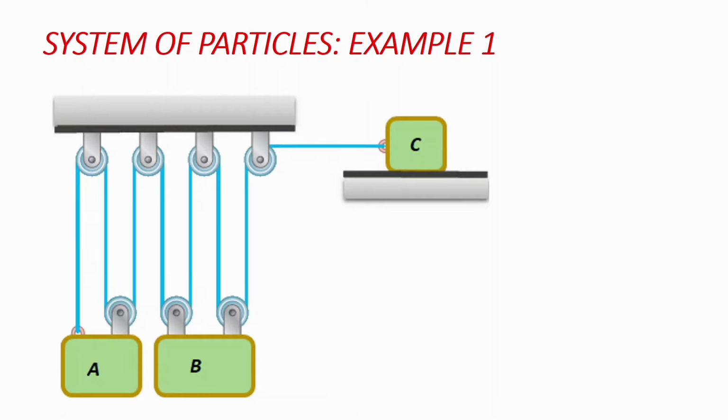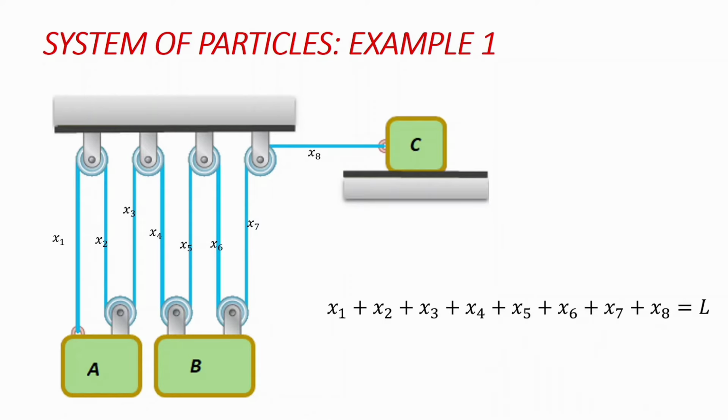We have that this particular string is connecting the different bodies together, A, B, and C, such that if we say the part shown is S1, the second part is S2, we have other parts S3, S4, S5, S6, S7, and S8 as well. These different parts combine together to give the length of the string.